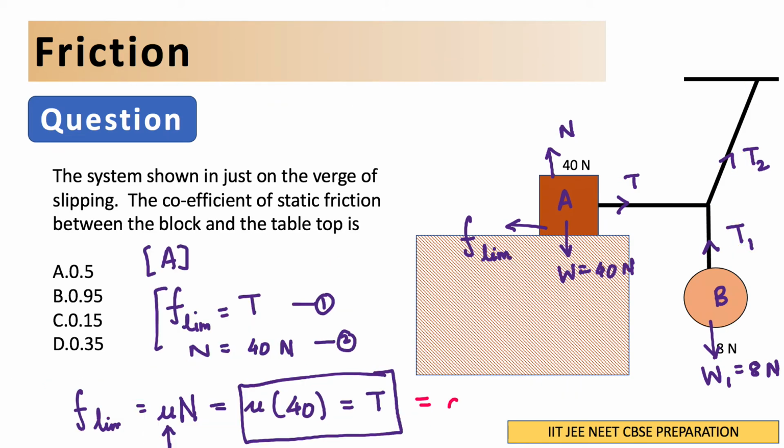So from here, 8 root 3 is equal to mu into 40, or you can say that mu is equal to 8 root 3 by 40. When you solve this, you are going to get 0.35. So the correct answer for our question is D, which is 0.35.